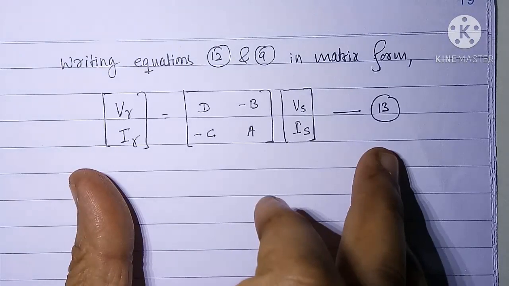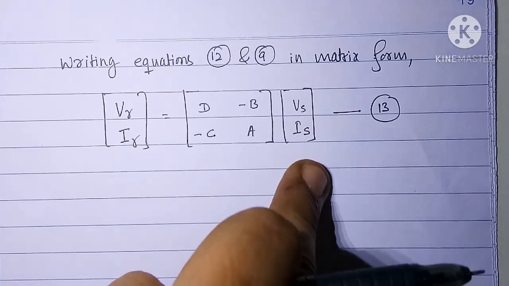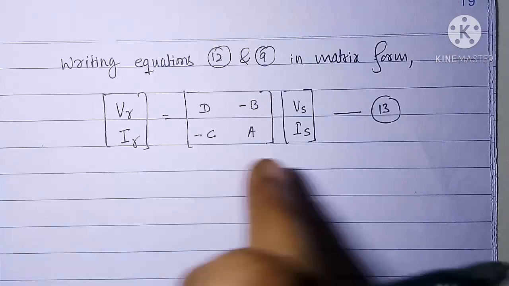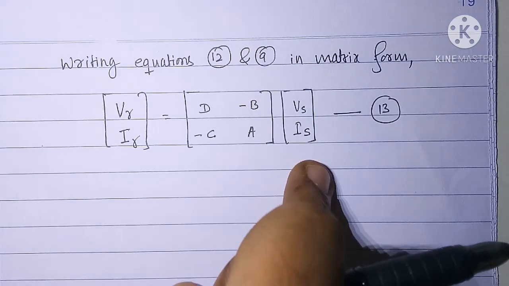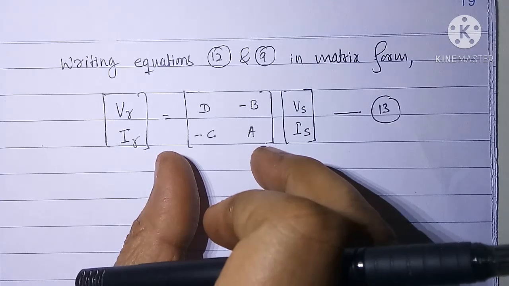So equation 13 relates receiving end quantities with sending end quantities using ABCD constants.